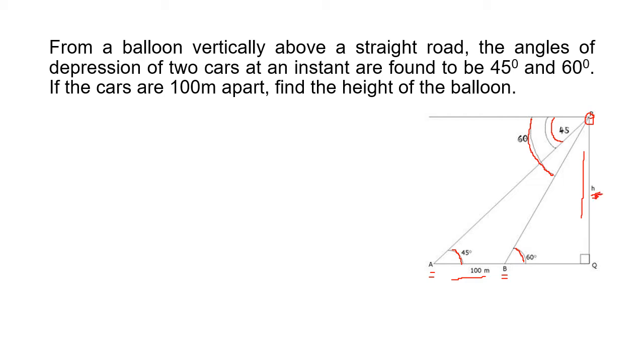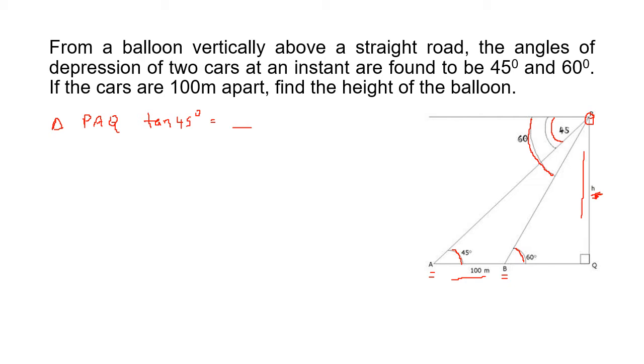Now how will we proceed with the sum? We can see here AQ and PQ. Like in the previous sums, we have to first choose the triangles we are taking. So we take triangle PAQ. In triangle PAQ, tan 45 degree equals opposite upon adjacent.